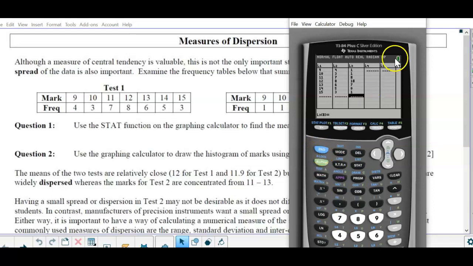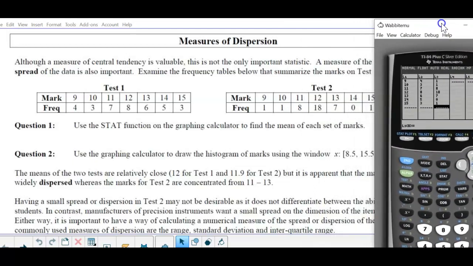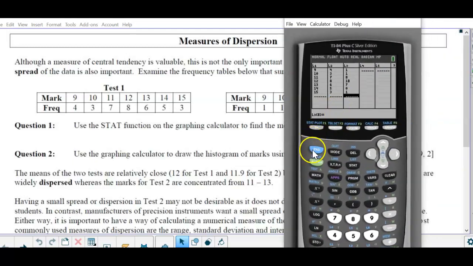Okay, so now it says use the stat function to find the mean of each set. So if we quit out of this, then we go Stat, Calculate, One Variable. Now think about test number 1. The marks were in L1, but the frequency was in L2.